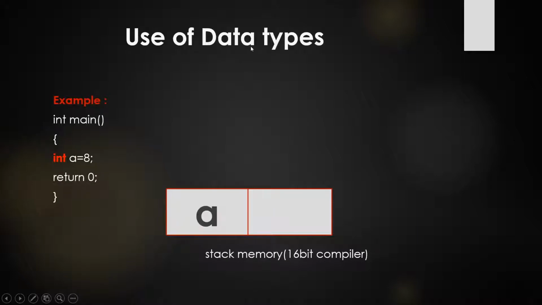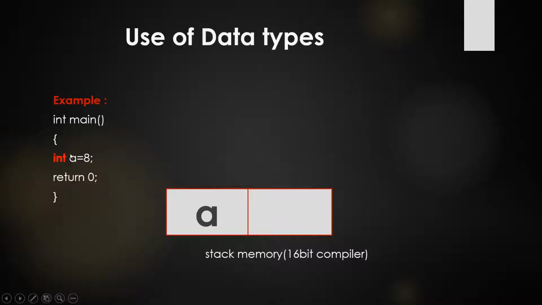What are the uses of data types? Here I have written a code: int main, int a equal to 8. I have taken a variable with value 8, same as previous, with the int data type. While compiling the program, the compiler will check this variable. What's the data type of this variable?